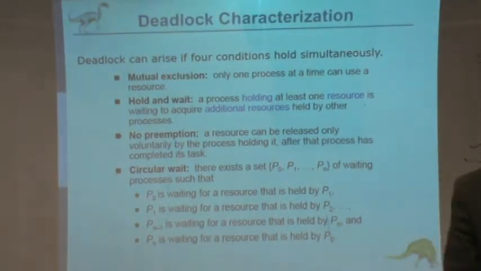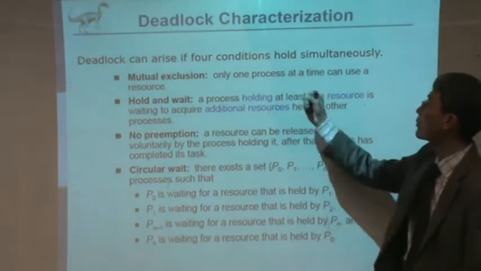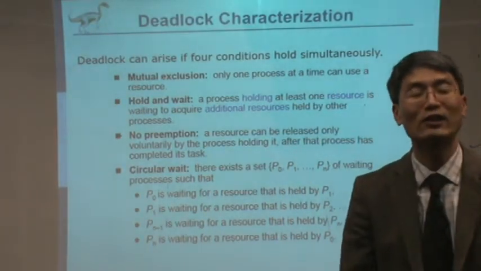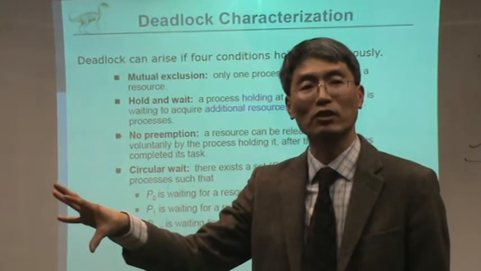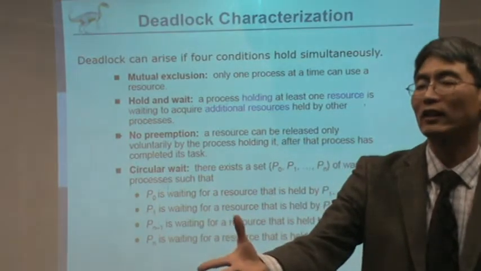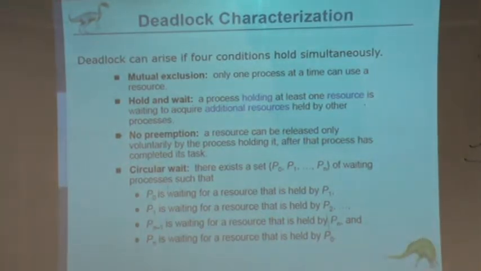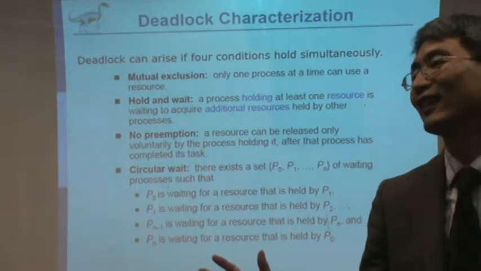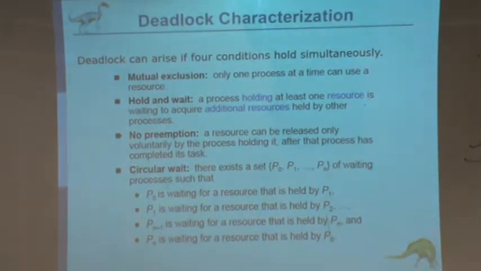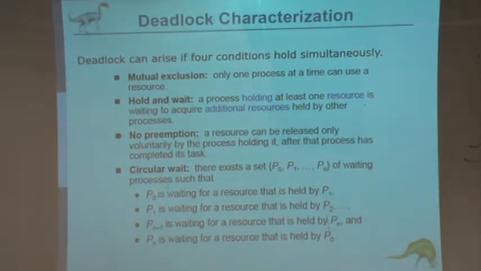How? By not allowing at least one of these. For example, mutual exclusion means one process takes the one resource, not shared. Why don't you make a shareable device, a shareable structure, a shareable resource? Then no deadlock. Sometimes possible, sometimes not. CPU time, CPU cycles cannot be shareable, right? So for some of the resources it is possible, sometimes not.